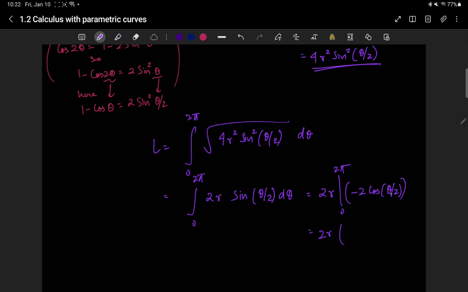So cosine of pi is negative 1 times negative 2 is positive 2, minus cosine of 0 is 1 times negative 2, which gives 2 minus negative 2. So 2r times 4, which is 8r. So that's the arc length for one arc of a cycloid. So that's it for this particular video.